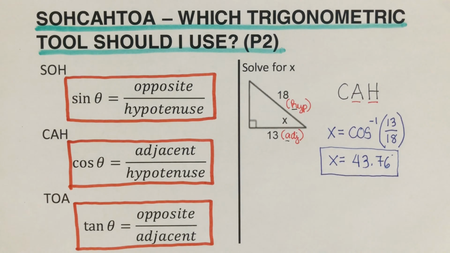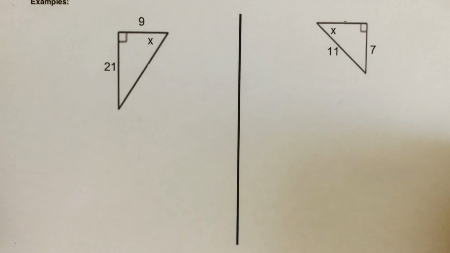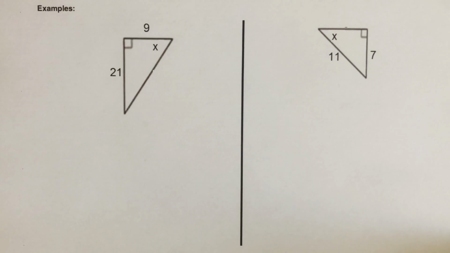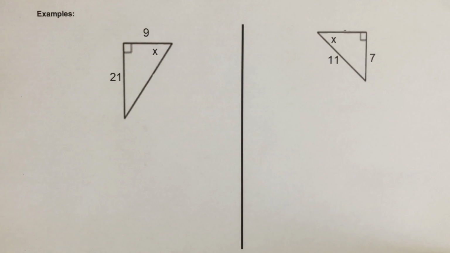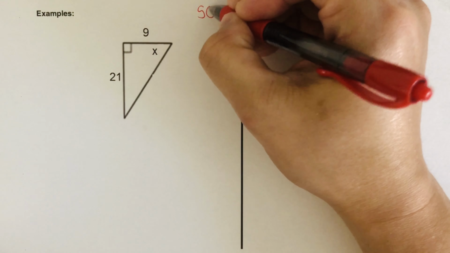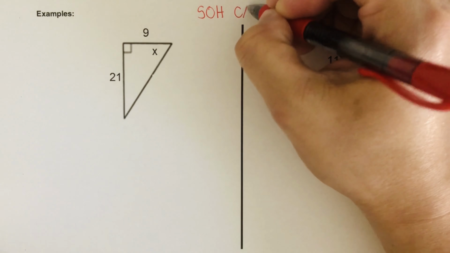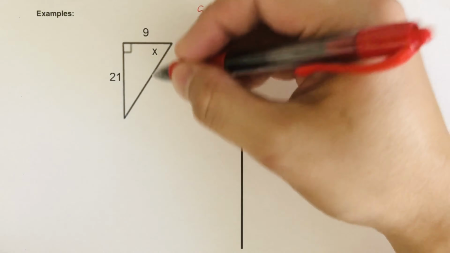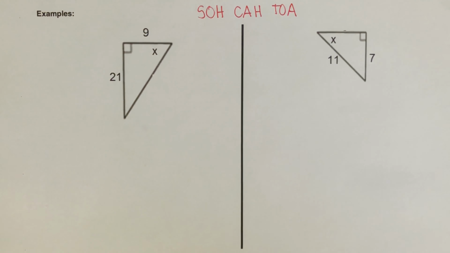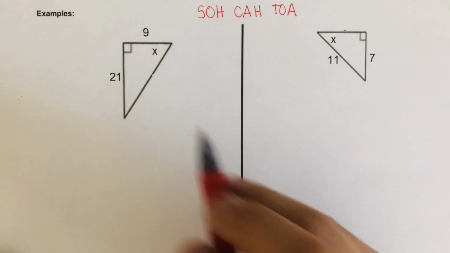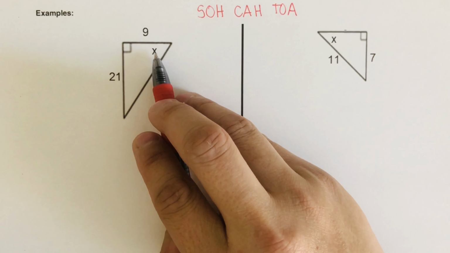At this time, I would encourage you to pause this video and try the next problems on your own, and when you're done, unpause it and check your answer. Okay, let's go over the problems. We remember that we use SOHCAHTOA to solve for the missing angle on each of these triangles. We start with the first one, where the angle x is missing.